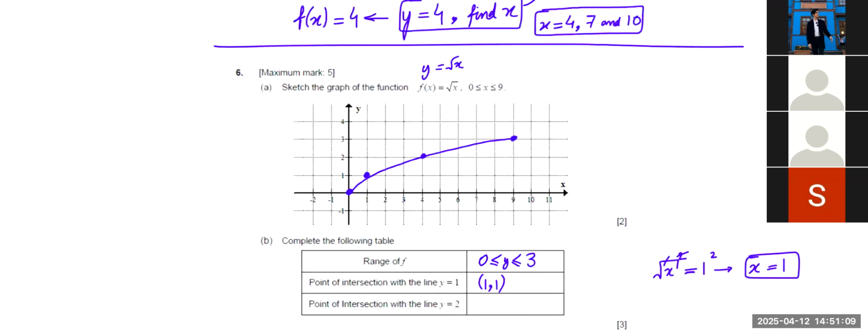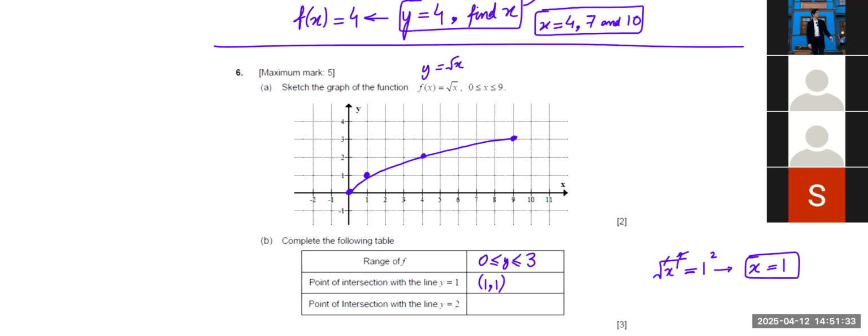There's another way to do it because you already have a good sketch of the graph. Basically, make a line y equals 1. Does anybody know what kind of line I will have to make for y equals 1? Is it a straight line?